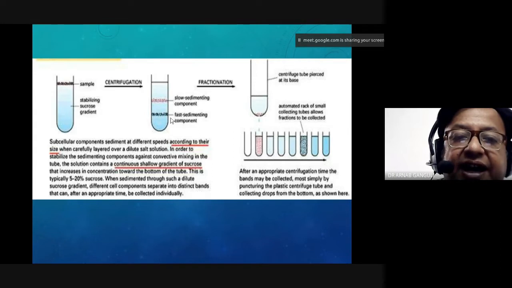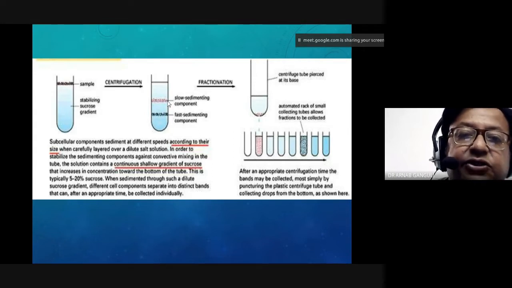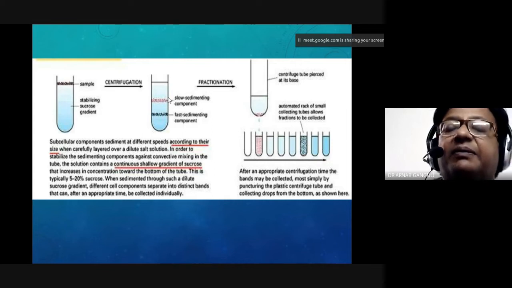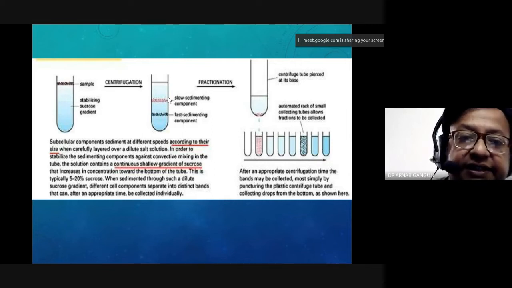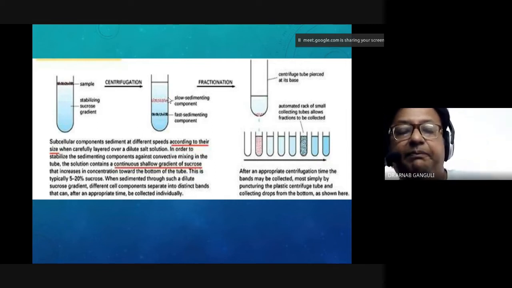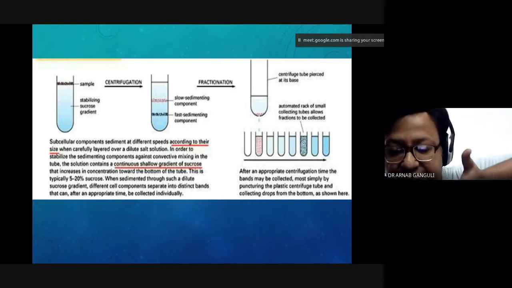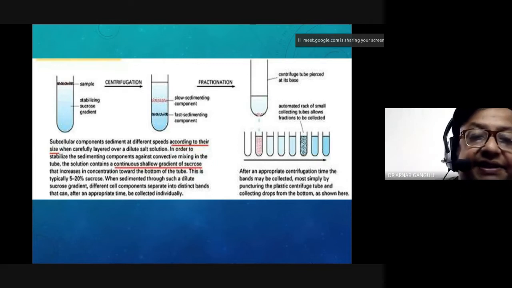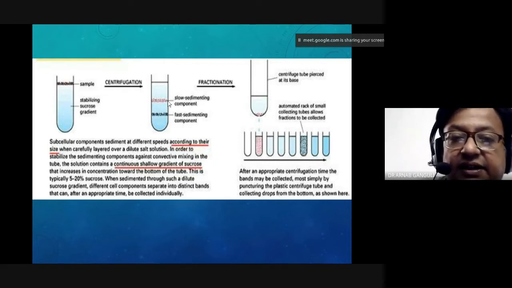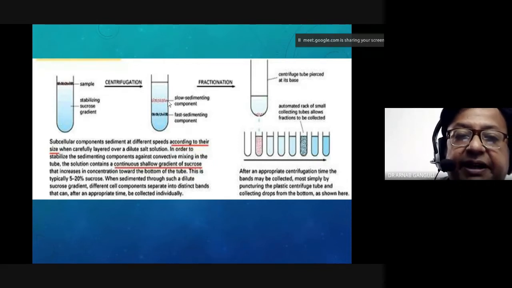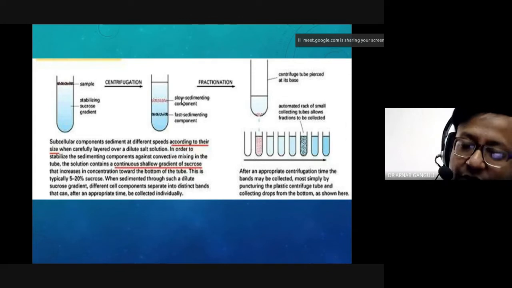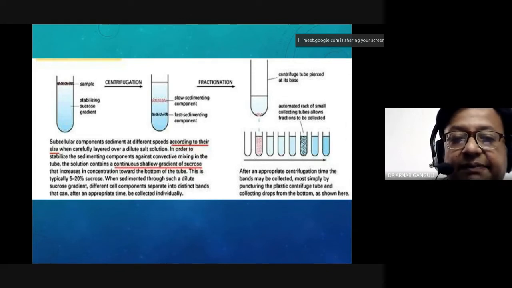You can have a fast sedimenting component which will go to the higher density, a slow sedimenting component which will float at a lower density. For example, lighter components will not be able to penetrate through the high gradient, and heavier components can penetrate. They will not float on lighter things. Heavy things will sink, light things will not sink, something like this.